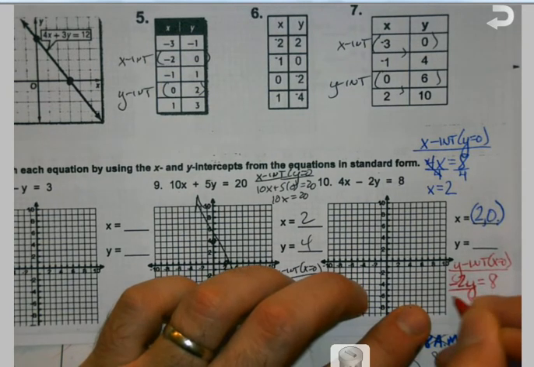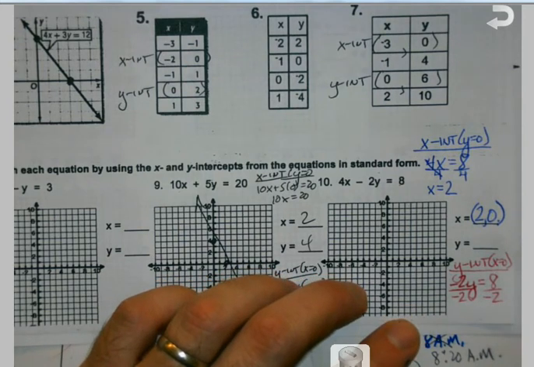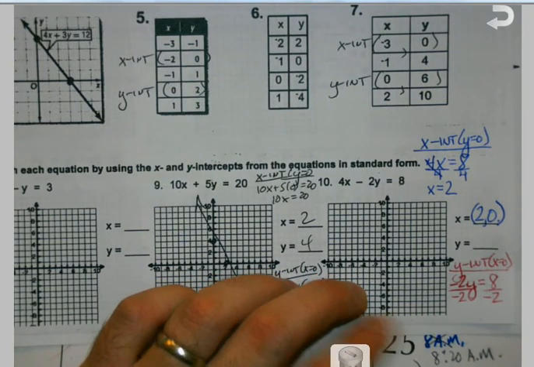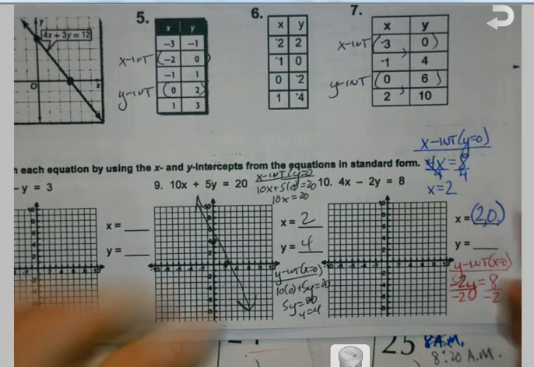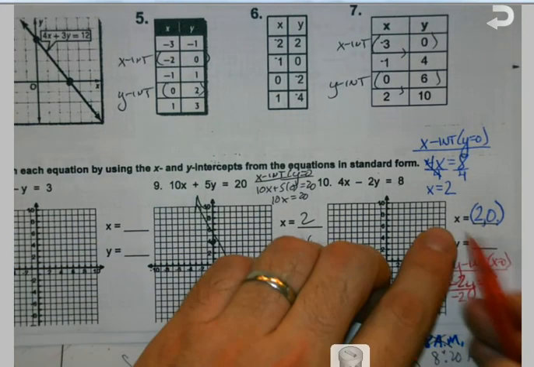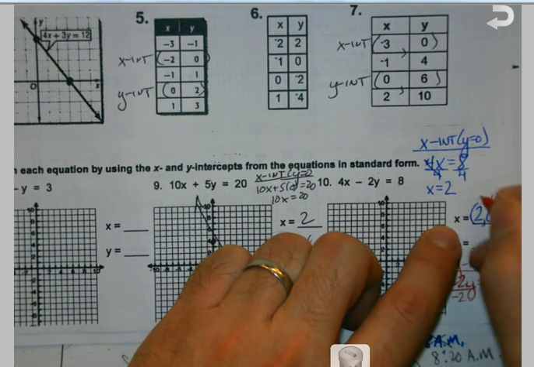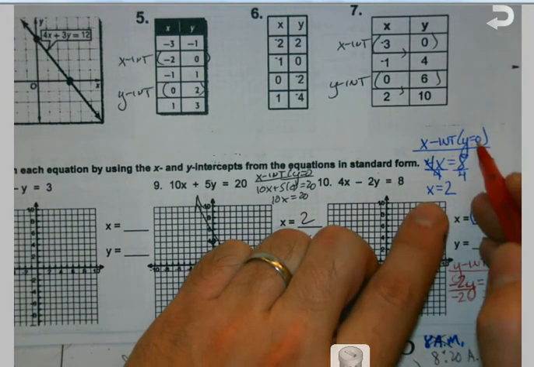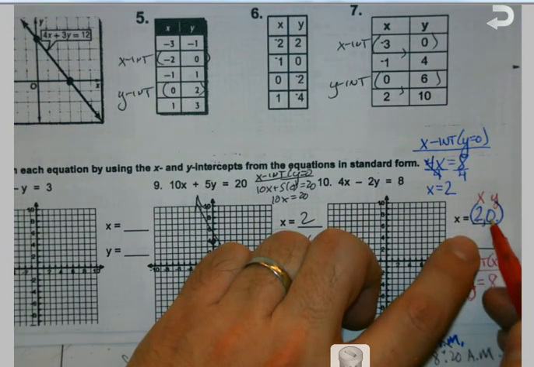So then I just divide by -2. On this one, remember, my y value would be 0. So once I find what x is, this is where my x goes, and then my y would go second.